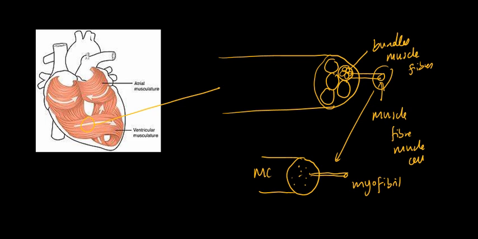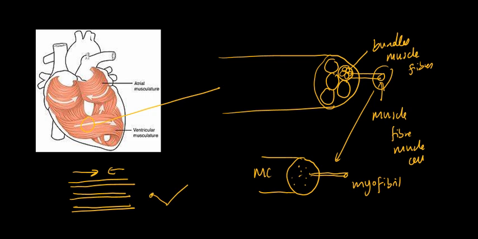In skeletal muscle, the myofibrils run parallel to each other, so contraction results in the shortening of the muscle fibers. For example, if we have an arm and I shorten this muscle, that's going to allow the contraction of the skeleton. So this is in skeletal muscle.